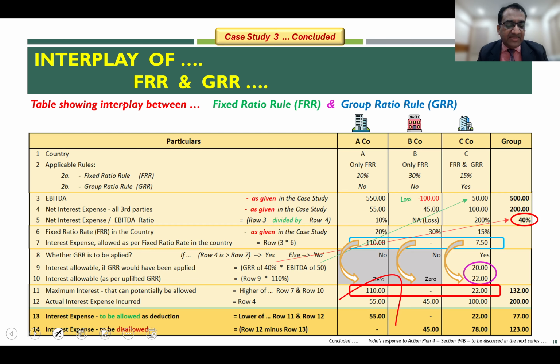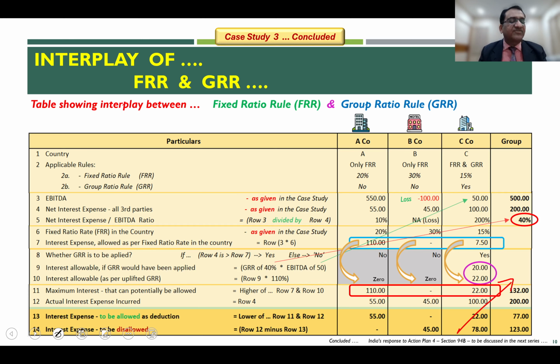Now what we will see in the next video, I will initiate another series of videos where we will see what is India's response to the action plan, how India reacted and did legislation in its domestic tax law to take care of the recommendations given by action plan 4 by OECD. The quick answer I am giving: India legislated section 94B of the Income Tax Act 1961.